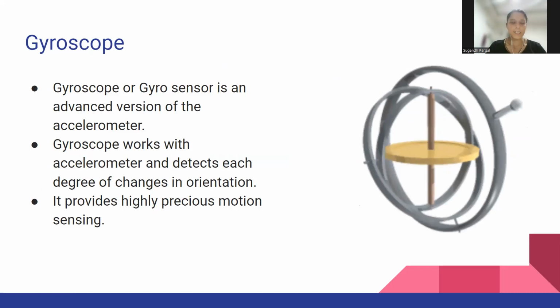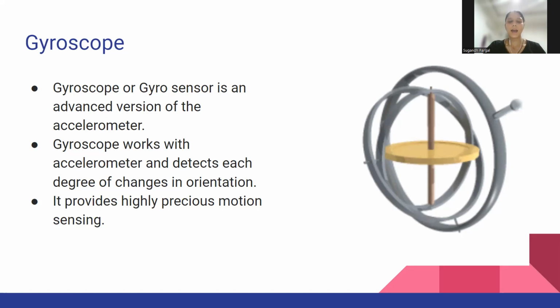Next useful sensor is the gyroscope. As you can see in the diagram, the gyroscope is a sensor which is an advanced version of the accelerometer. Gyroscope works with the accelerometer and detects each degree of change in orientation. The accelerometer observes the changes in motion, whether you are changing motion in the x-axis, y-axis or z-axis.